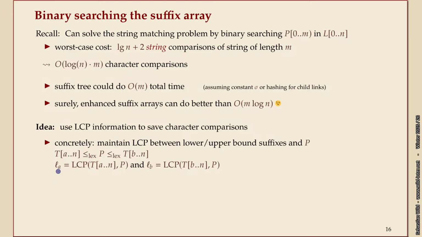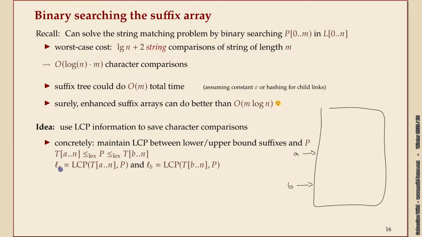comparisons. So specifically, you're in your binary search at some point, and you have two bounds that limit the range where P lies. So we have a suffix starting at A and a suffix starting at B that sandwich the pattern in lexicographic order.